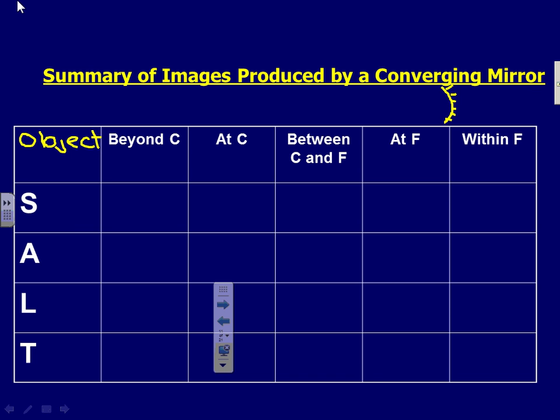What I want to now do is write a summary of those image characteristics for an object that's beyond C. So looking at your picture, you're going to tell me what's the size of the image when it's beyond C.